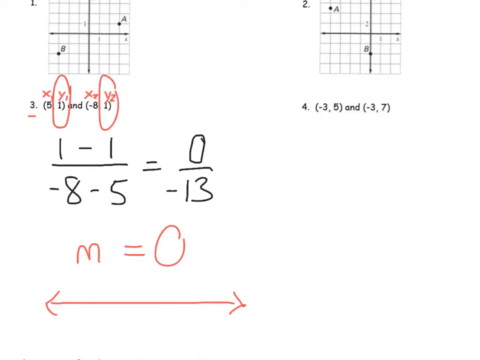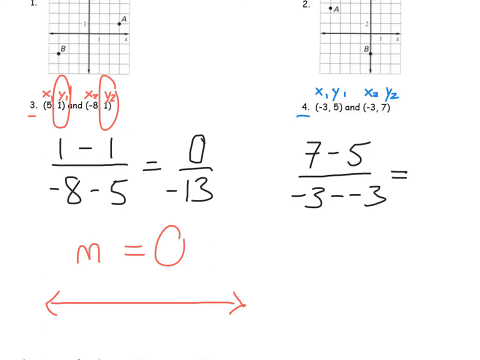Okay, let's take a look at this second one. So I'll start off, I can label my points. We'll have the first one as x1, y1, the second one as x2, y2, and we'll start plugging them into my formula. So it looks like we're going to have 7 minus 5 for y2 minus y1, and x2 minus x1 is going to be -3 minus -3.